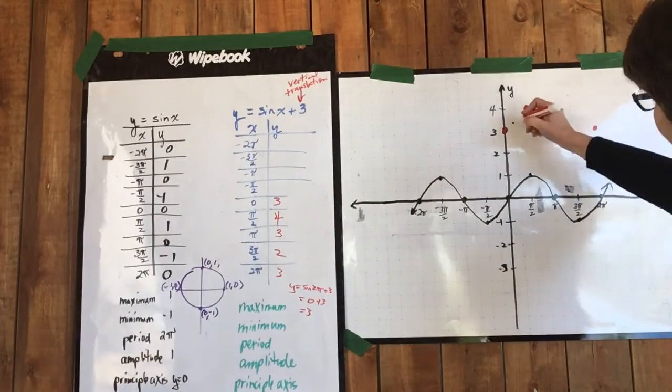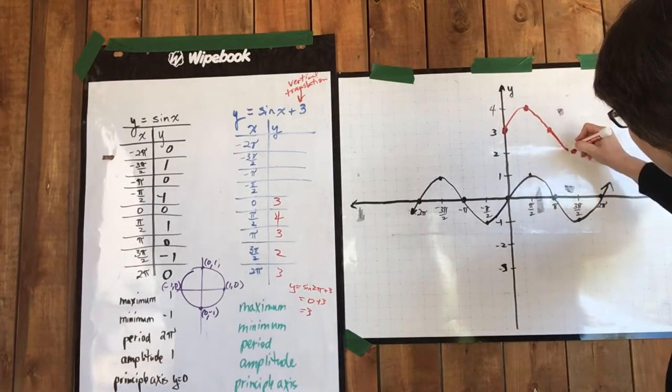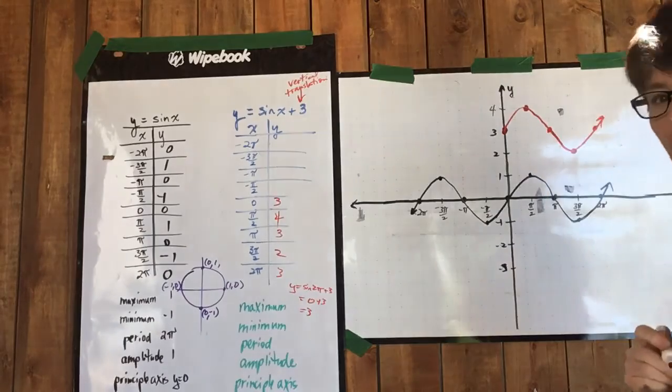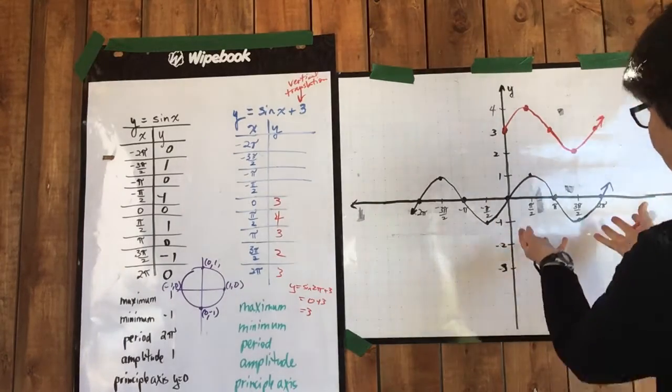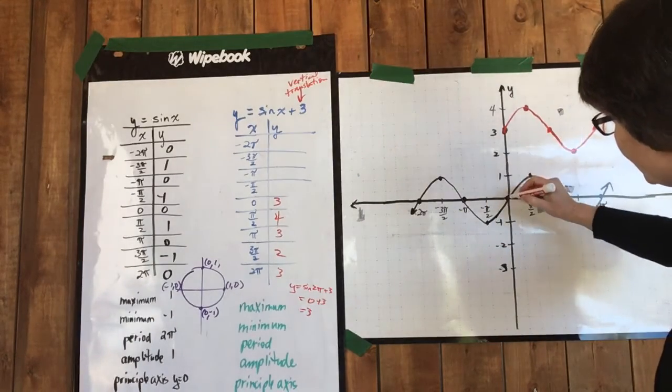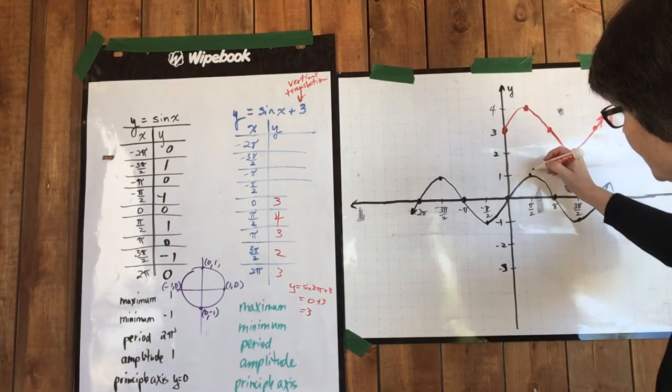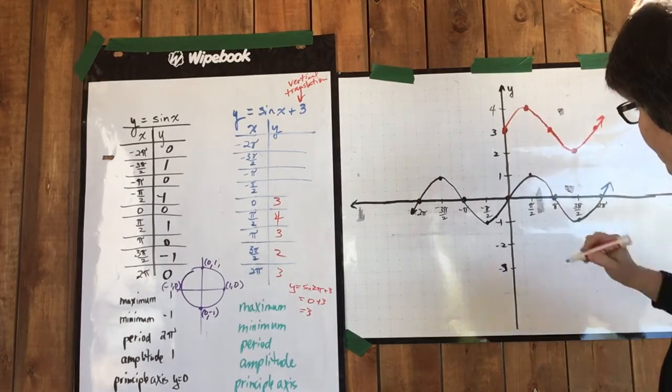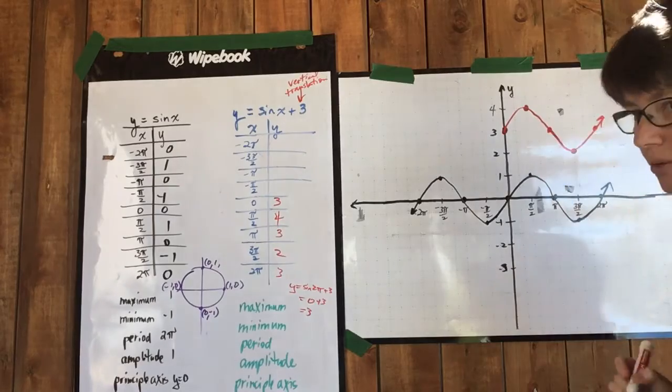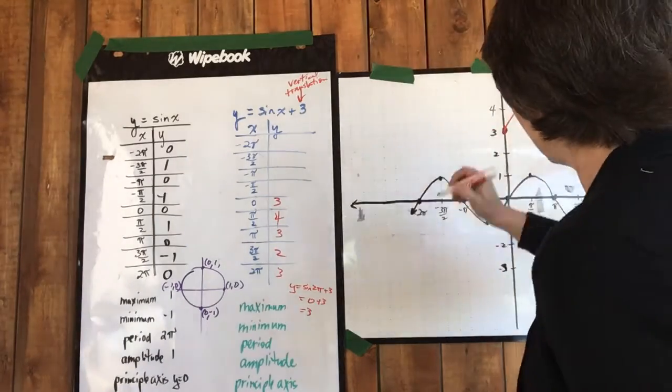All right, so look what's happening here. Here's what the graph is looking like. This black graph has moved up 3 units. This point moved 1, 2, 3 units up. This point moved 1, 2, 3 units up. This one moved 1, 2, 3 units up. So we can continue that pattern back here.